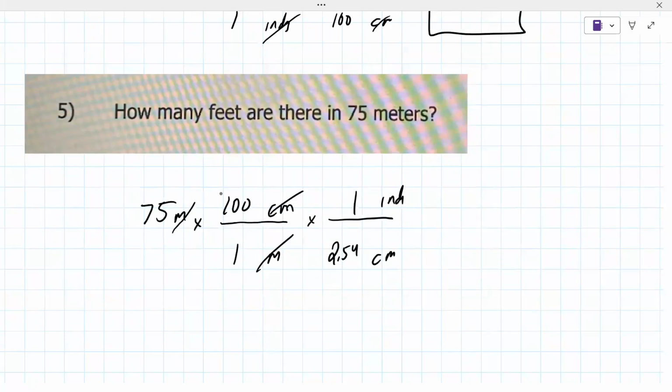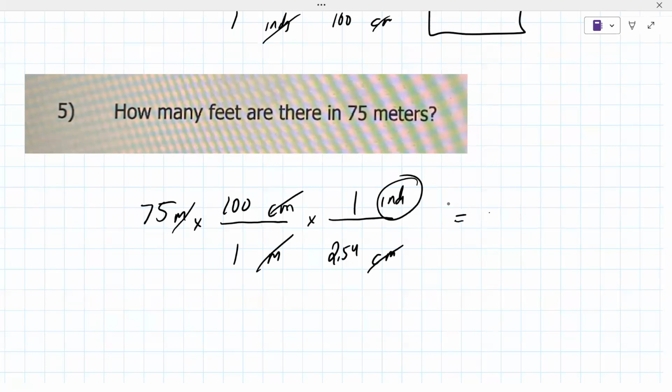Double check that all your top and bottoms cancel and you're left with the one you want in the top. Inches.